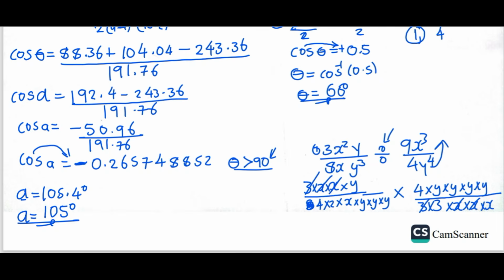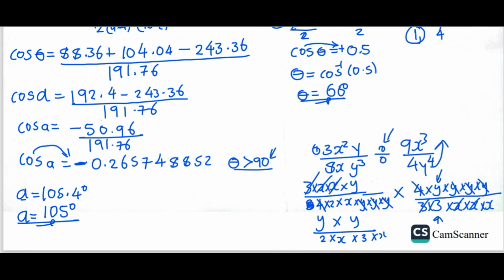So let's now cancel. We begin with 3 here, 3 we cancel, this x we cancel, this x we cancel. We have this 4, this 4, this y here, this y here, this y here. So here on top, we have y times y, over 2 times x, then times, here there is only 3 times x.